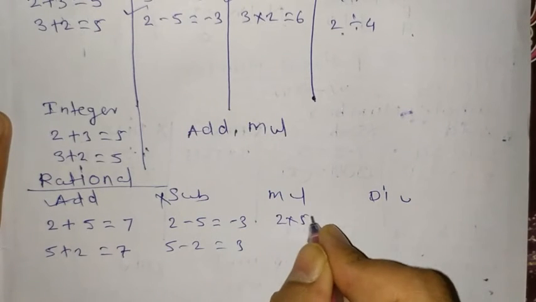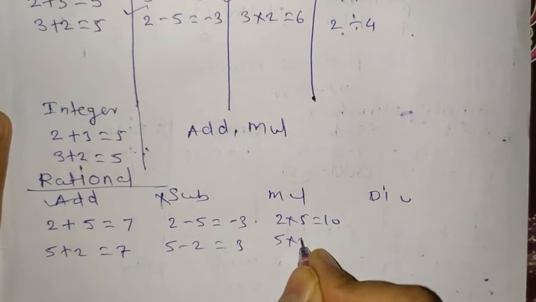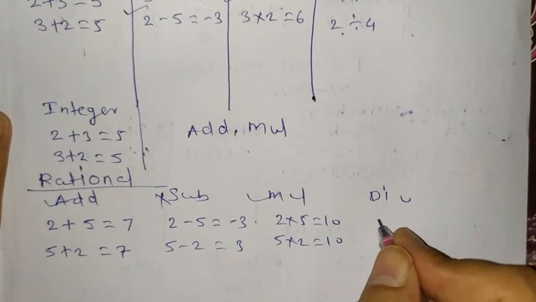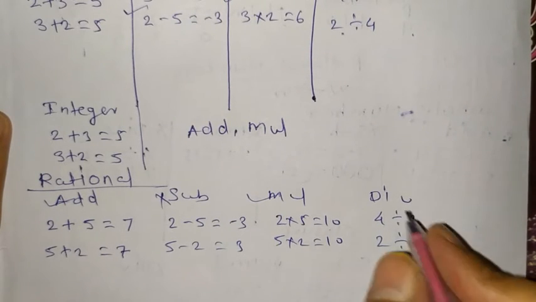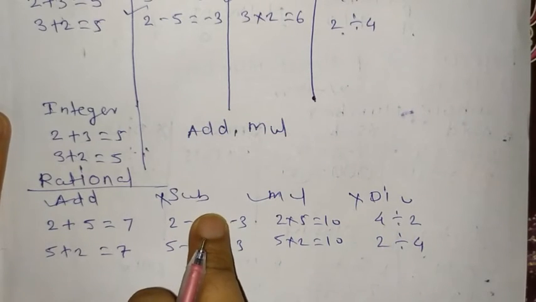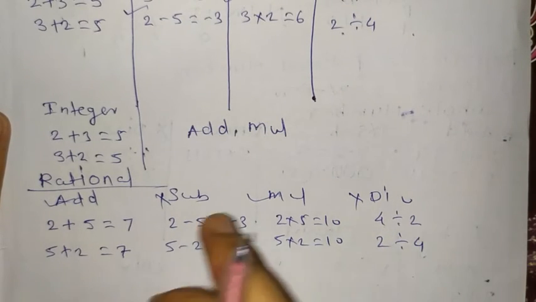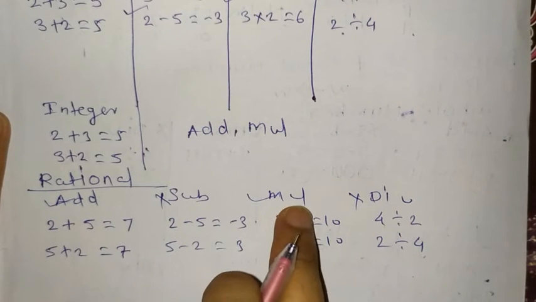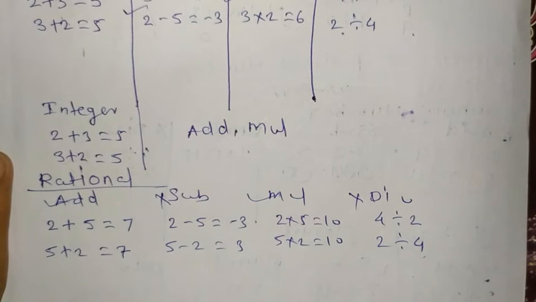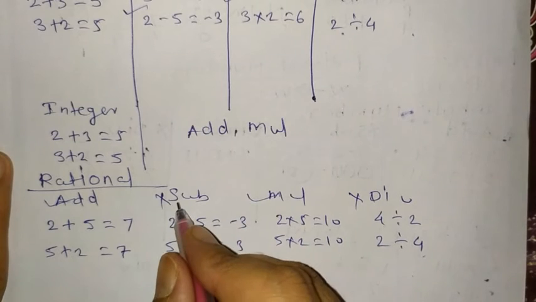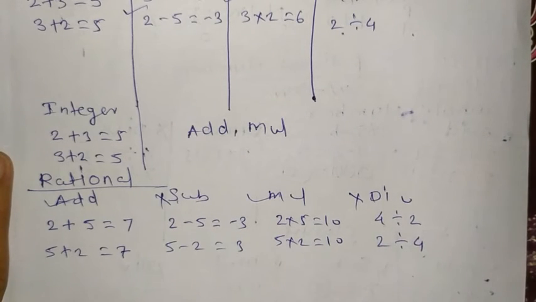Multiplication, 2 into 5, 10. 5 into 2 is 10, so it is satisfied. Division, 4 divided by 2, 2 divided by 4. In both cases we get different results. So for the commutative property, only addition and multiplication will work. It is closed under the commutative property. Here subtraction and division will not be satisfied.